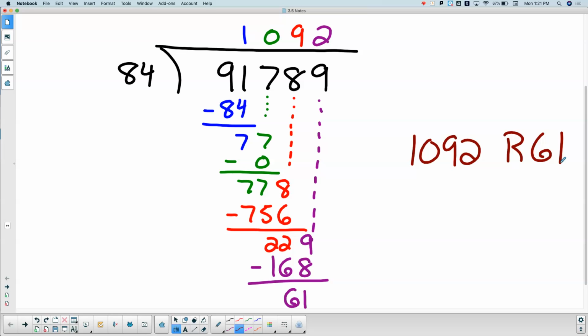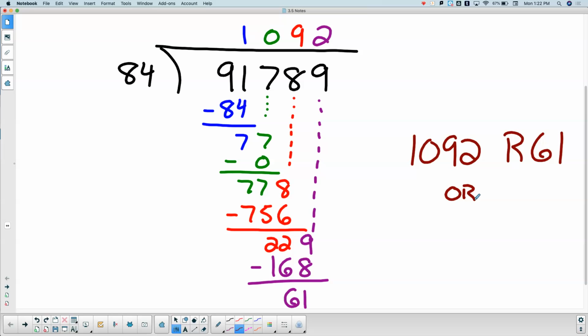Right? Is there another way that I could write that? That exact same thing, in maybe a different form. Is it like 61 over 84?